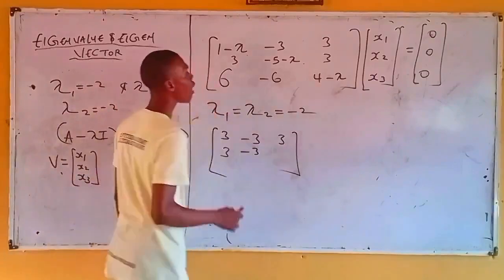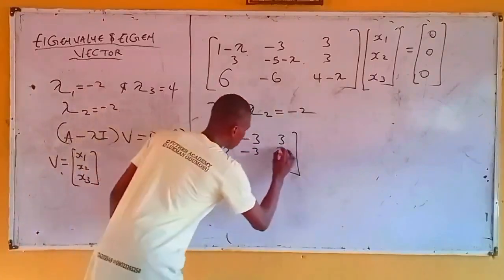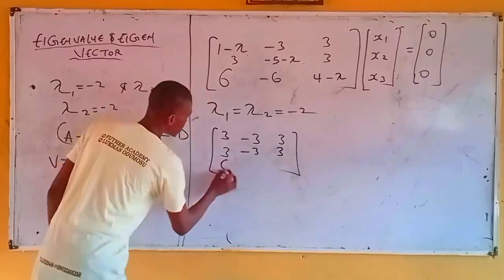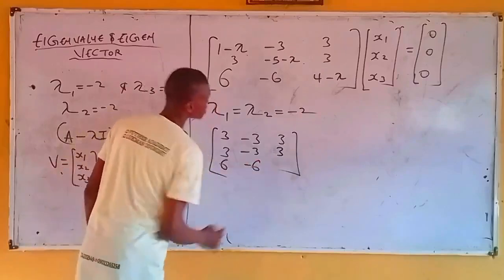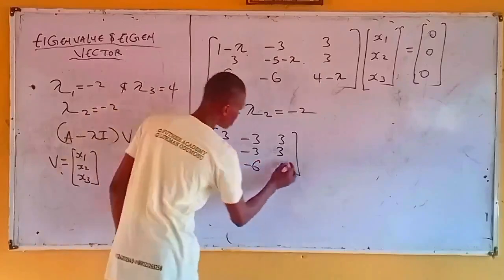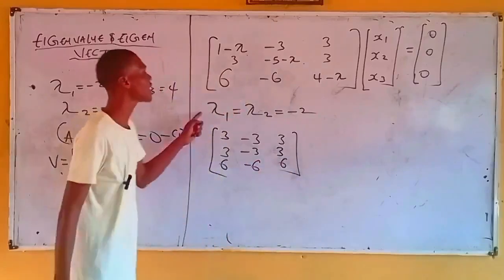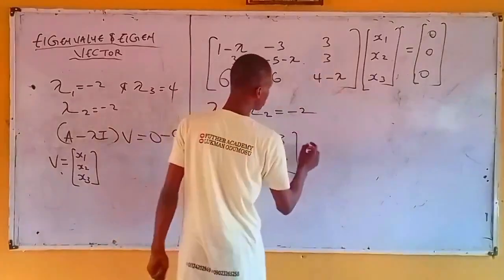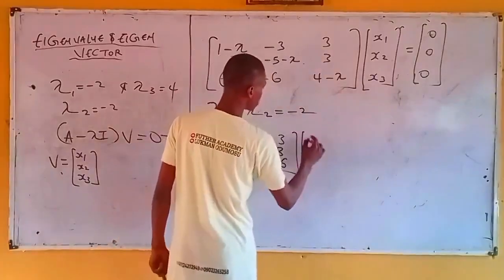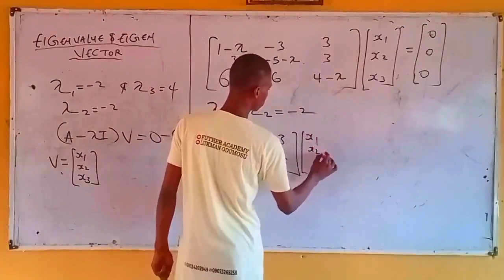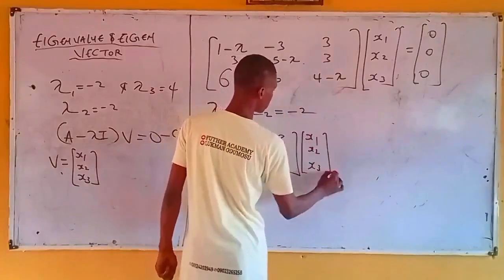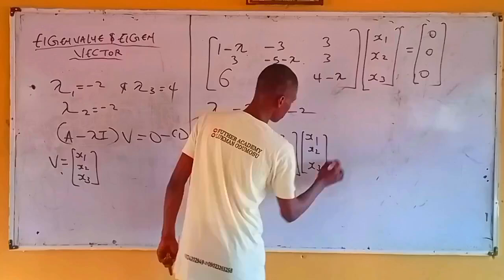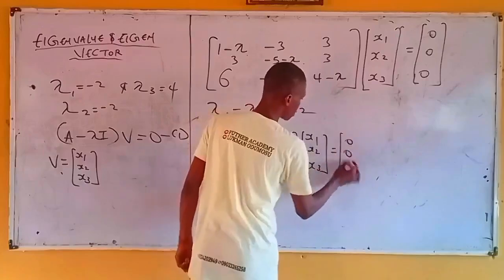This is 3, this is 4... Then lastly, we have 6, -6, and 4 plus 2, which is 6. This is where lambda is equal to -2, right? Now from here, introduce this guy: x1, x2, x3, equals 0, 0, 0.